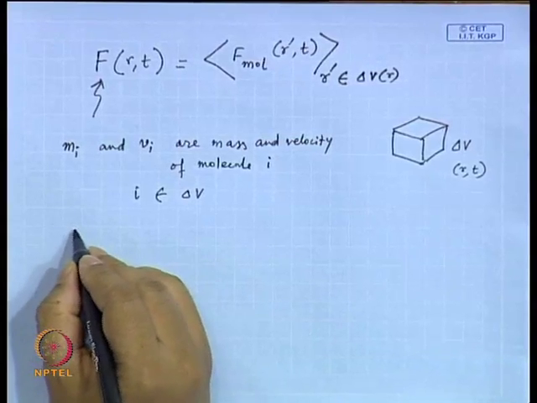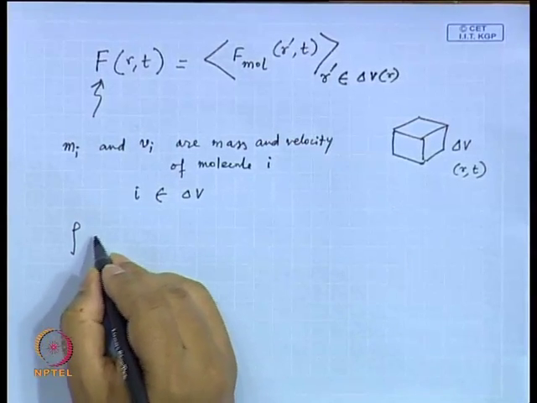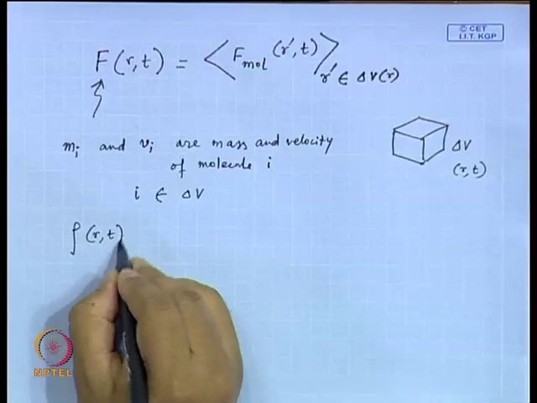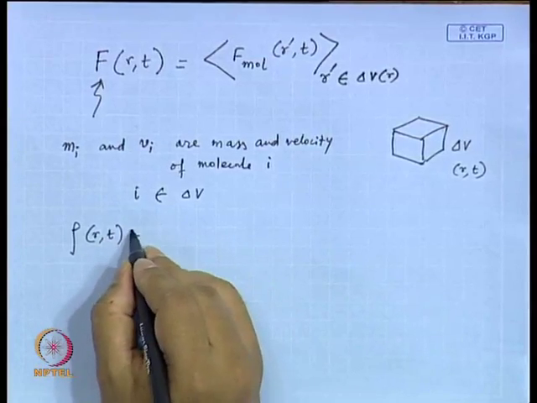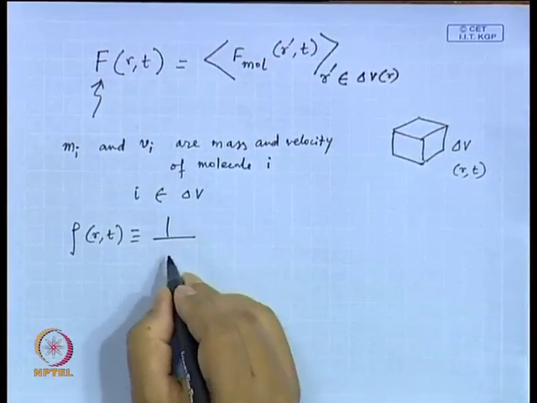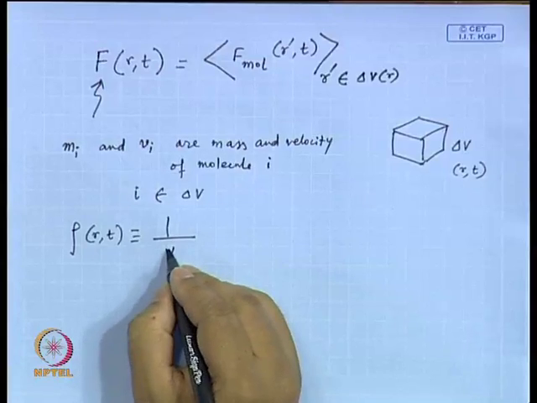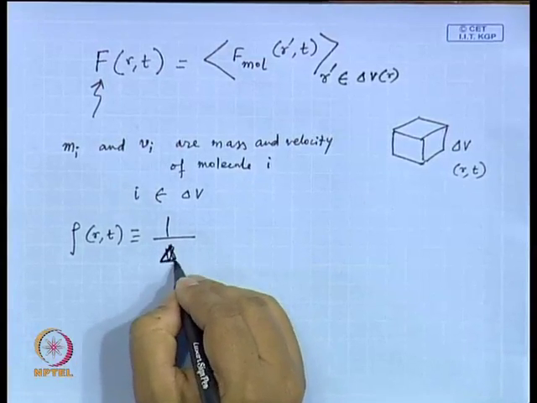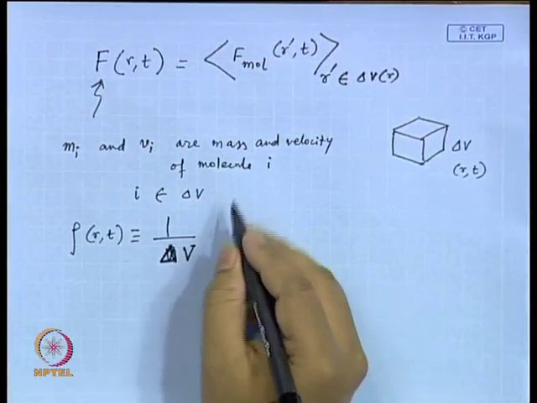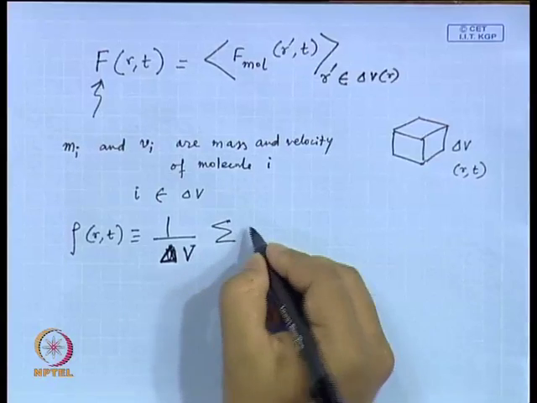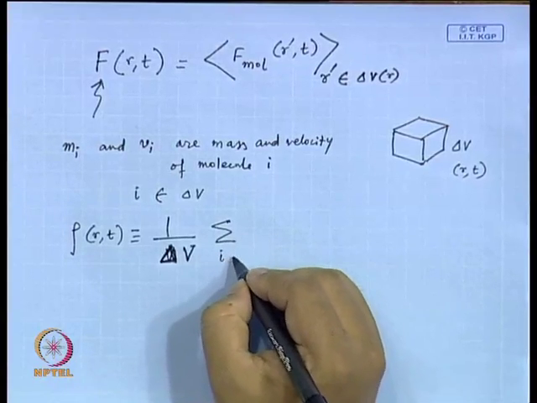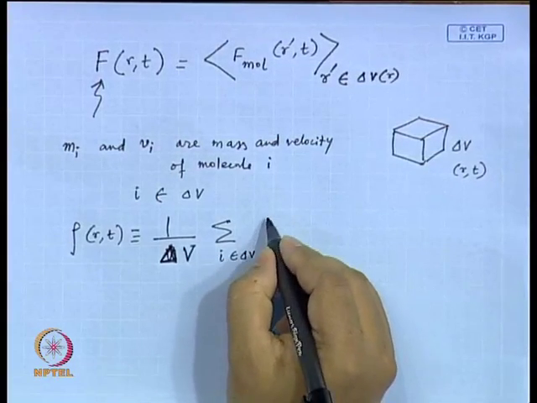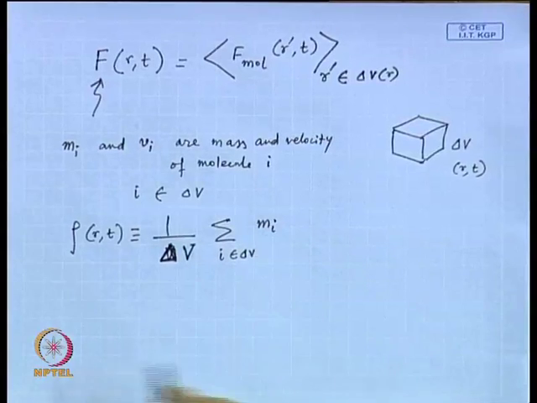then you can define density rho as 1 divided by delta V times the sum over i belonging to delta V of m i.